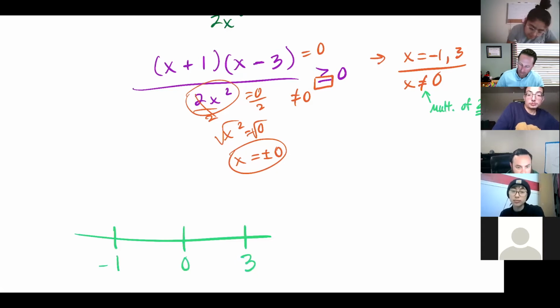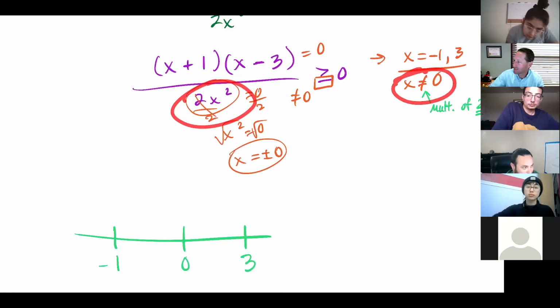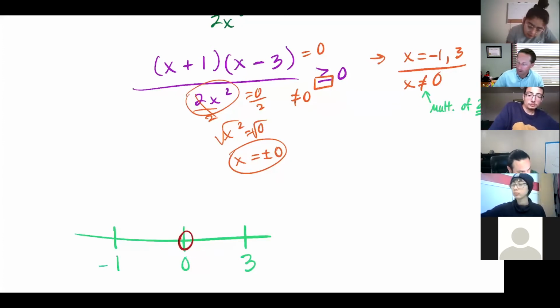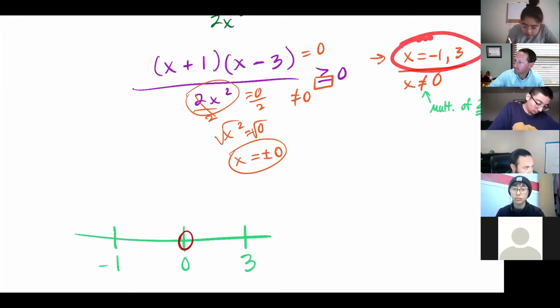Very good. Now remember, which ones are we never, ever going to include, Richard? 0. Good. Our denominators, which happens to be 0 this time. Never include the denominators. So we will always put a big open dot there. And for this one, should we include the numerators as solutions?